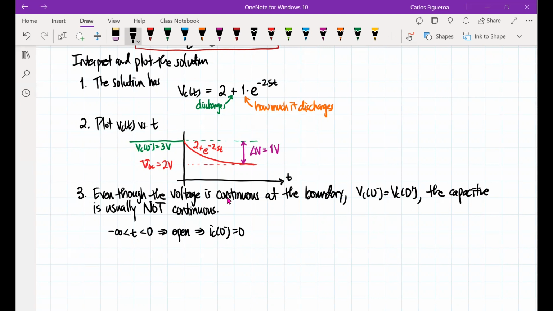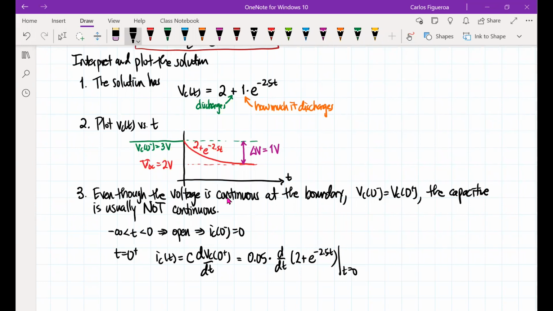However, at t equal to 0 plus, the current of the capacitor, in this case, is the derivative of the voltage. So let's look at that. At 0 plus, I have to take the derivative of this. I know the value of the capacitance. Then I take the derivative of 2 plus e to the minus 2.5t and set t equal to 0.